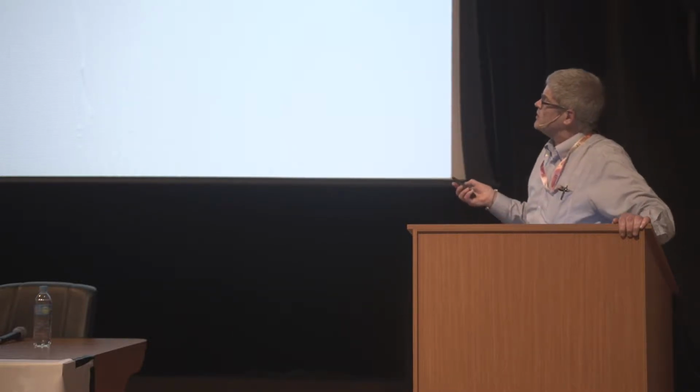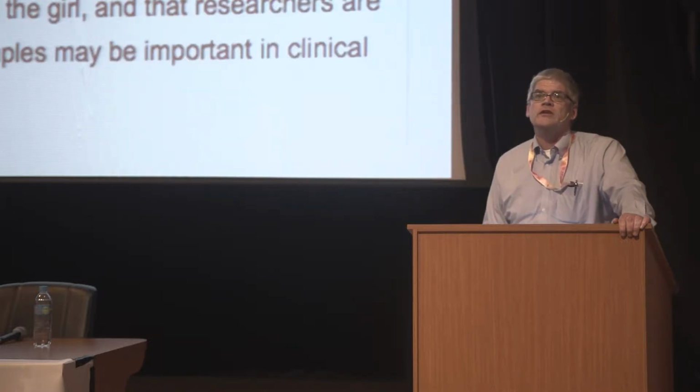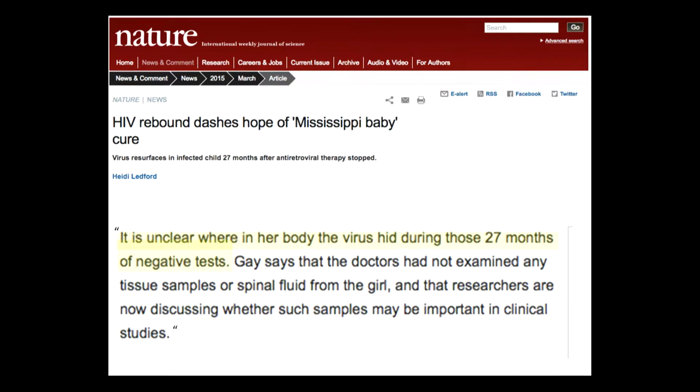So the first point that I'd like to make, and we can go to the example of the Mississippi baby. This is a child that was born and infected at the time of birth and immediately put on antiretrovirals, and at some point was taken off of antiretrovirals, and the virus came back after 20 some odd months. And people were very surprised by this.